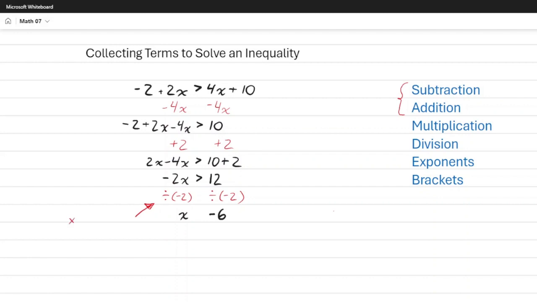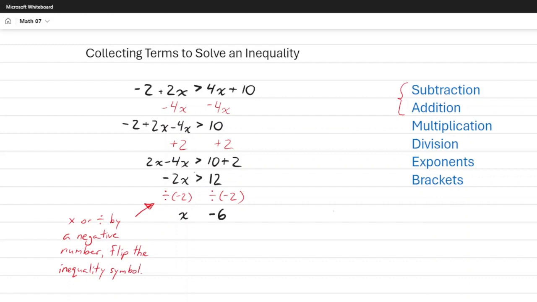So the rule is, if you multiply or divide by a negative number, you must flip the direction of the inequality symbol.